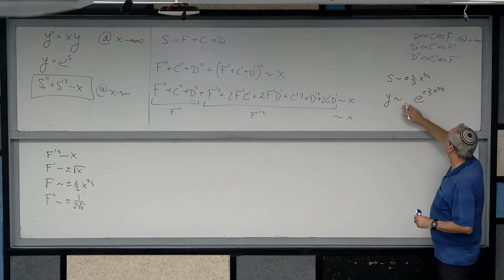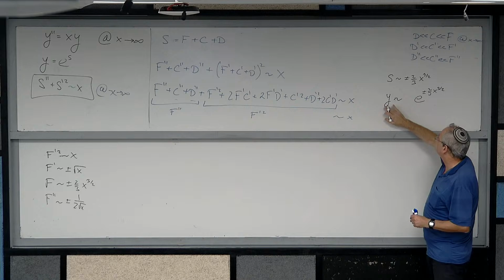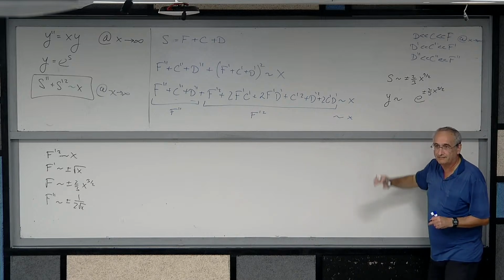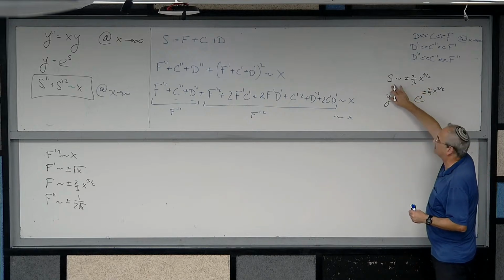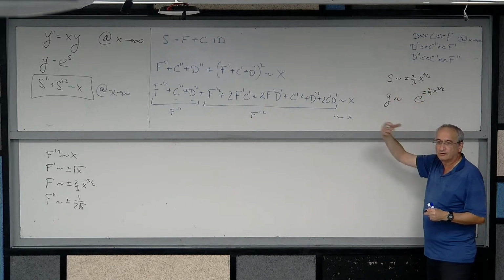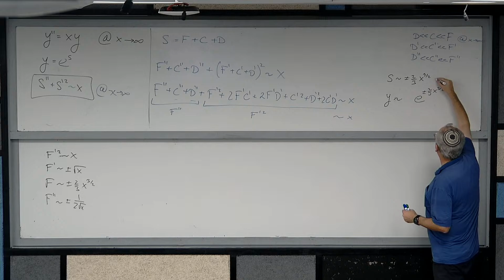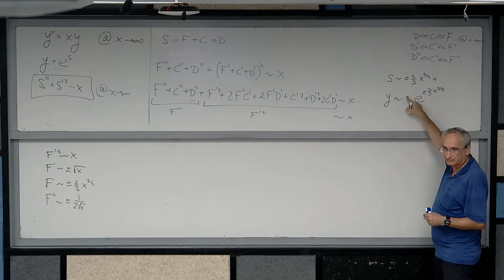It's not necessarily correct because if a function is asymptotic to another function, it doesn't mean that the exponent of this function is asymptotic to the exponent of the other function. This is true only if the difference between this s and z is something that goes to 0 as x goes to infinity. And I don't know what I have here, so I don't know what will be next.